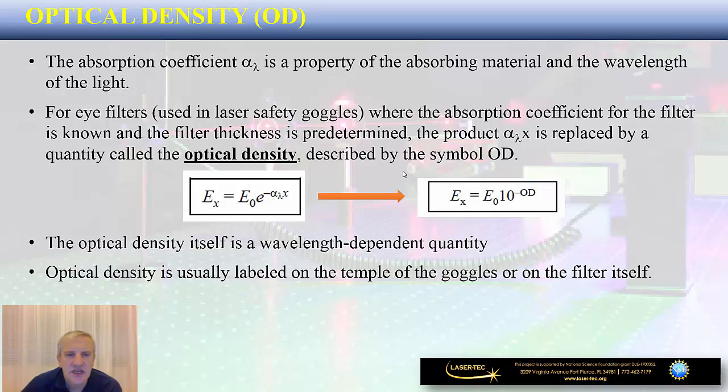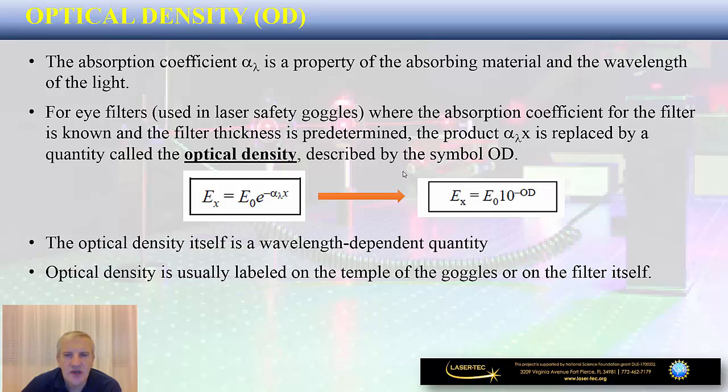The optical density by itself is also a wavelength dependent quantity, for the simple reason that it's a function of the coefficient alpha. And usually optical density is an important quantity that's labeled on the temple of the goggles or on the filter itself.